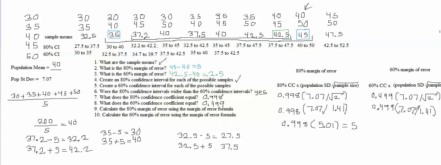We divide this number by this number inside of the parentheses. We get 5.01 again. And then 0.499 times this number inside the parentheses, just multiply this, and we get our answer.